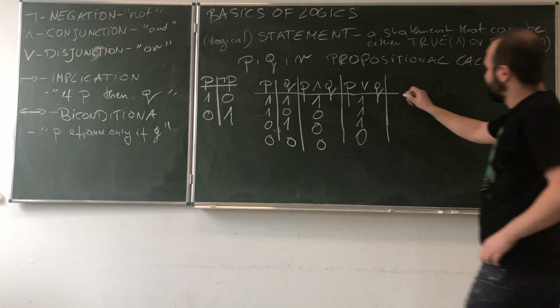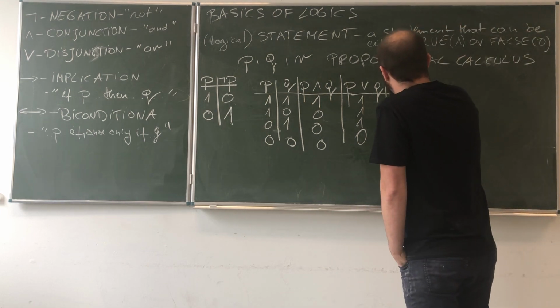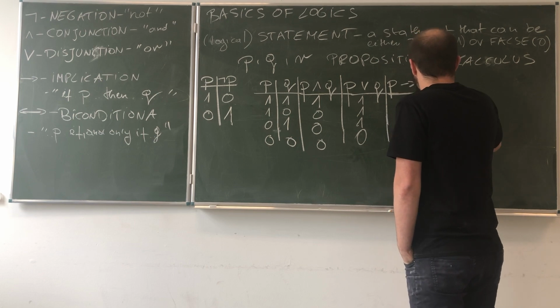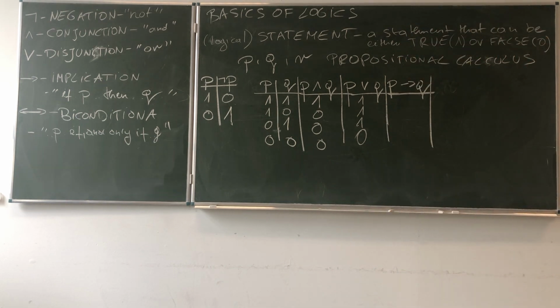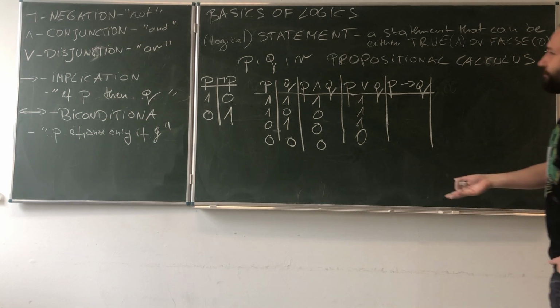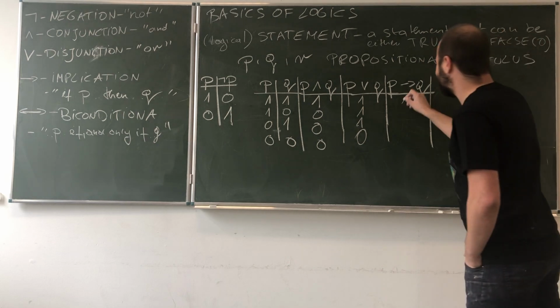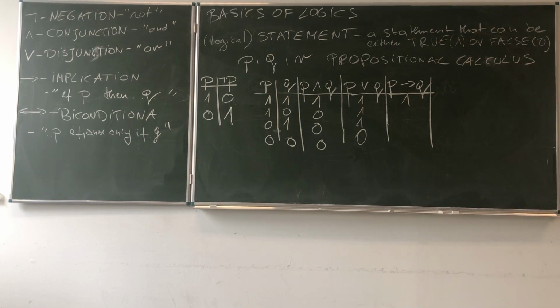Okay, then we've got implication. And when we talk about implication, if P is truthful, then Q, and again we get truthful, the entire statement must be truthful. Now the problems are starting to appear a little bit later.